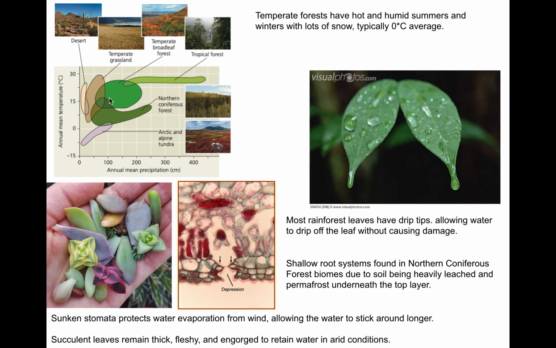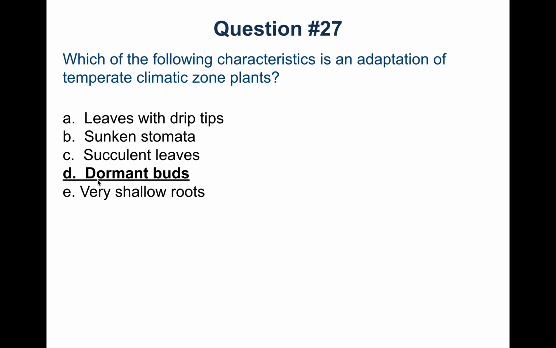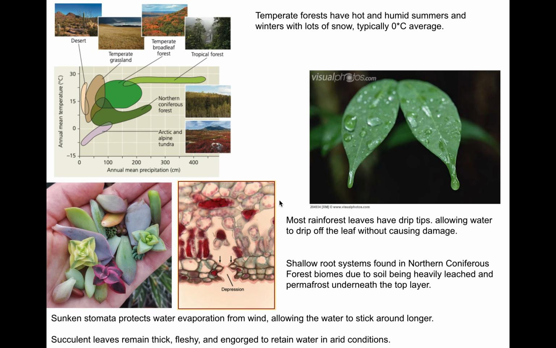tend to be warm. However, the thing with the temperate forests is they'll have hot and humid summers, but their winters will typically have lots of snow, so still a lot of precipitation, and we'll get down to, on average, 0 degrees Celsius, right at that freezing level. So dormant buds, this is going to be the characteristic adaptation for this zone of plants.